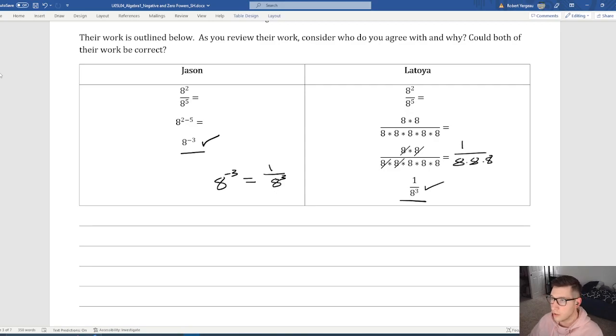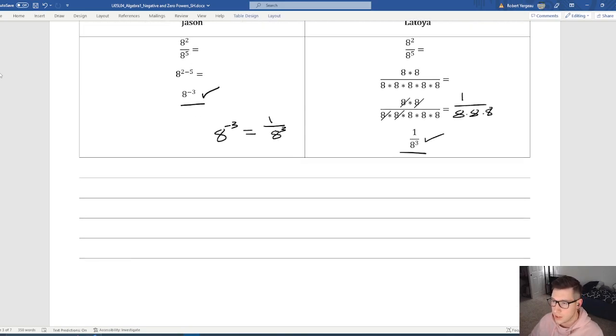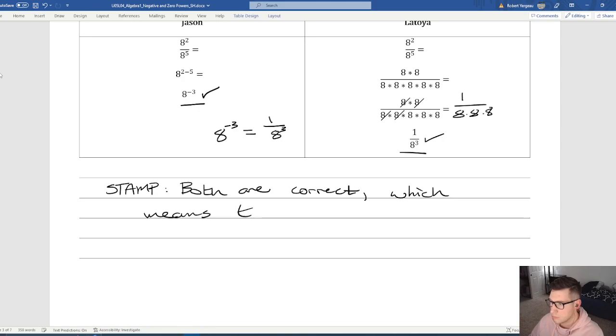In our little blurb here, what I want us to stamp is that both are correct, which means that 8 to the negative 3 is equal to 1 over 8 cubed.